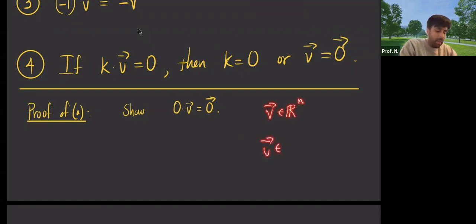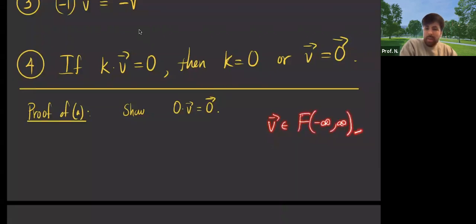V could be in M22, or V could be in M 300 by 500. Or V could be in the vector space F. This could be a function. So you see how the proof for this has to be more generalized. It can't just work for Rn and say, yeah, it works for everything else. Do you see why it's a bit more complex?